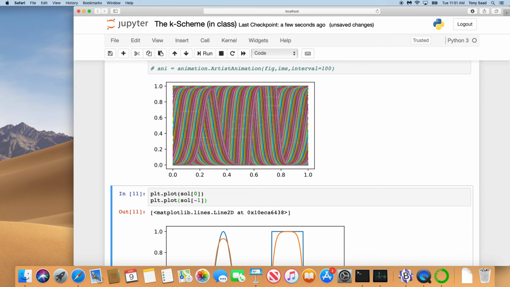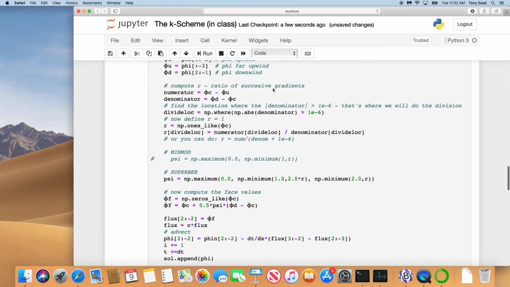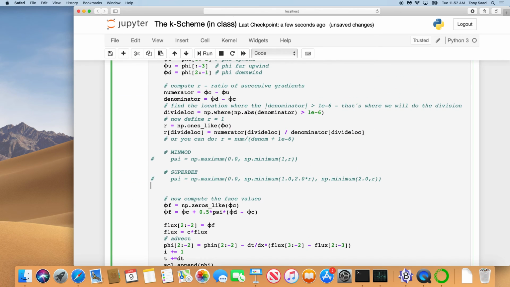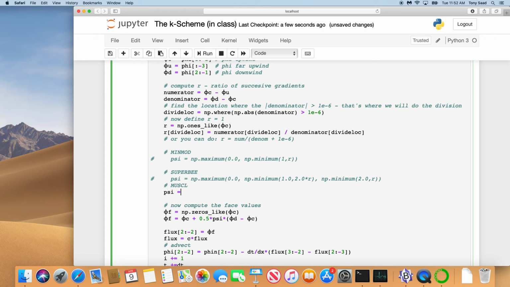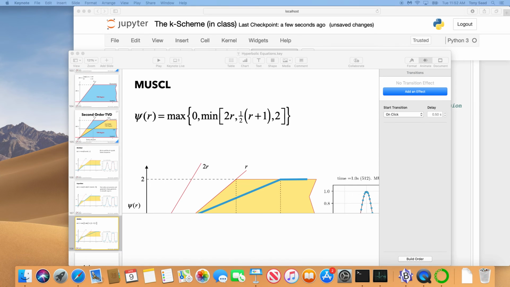So we noticed that in my simulation, super B was slightly biased to the downwind. Okay, awesome. Right? What about muscle? This one is a little bit more complicated because for some reason, I couldn't separate the minimum of 2R, 1 over 2R plus 1, and 2 into multiple minima.